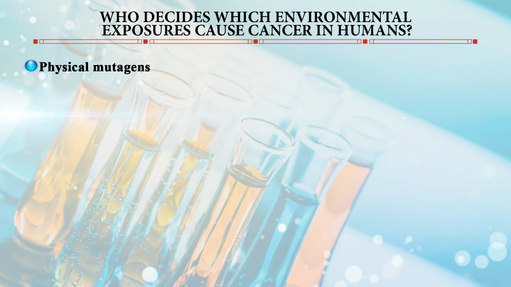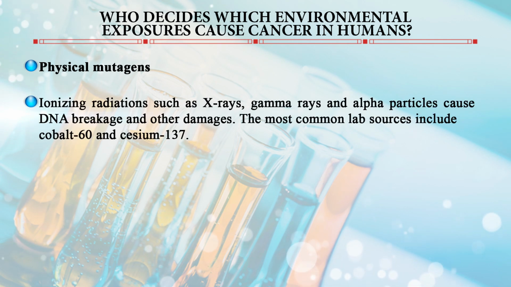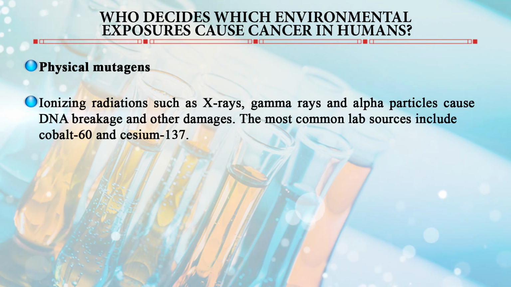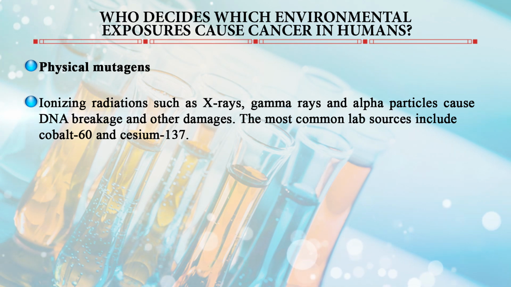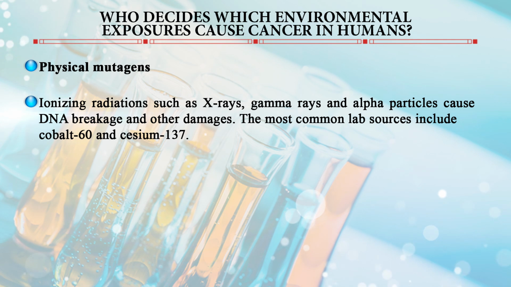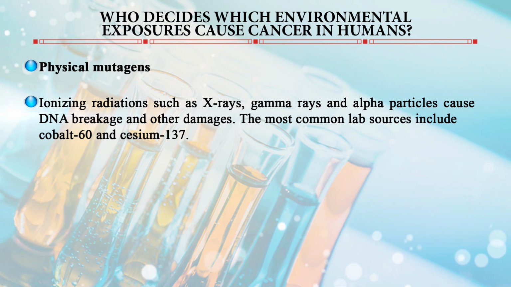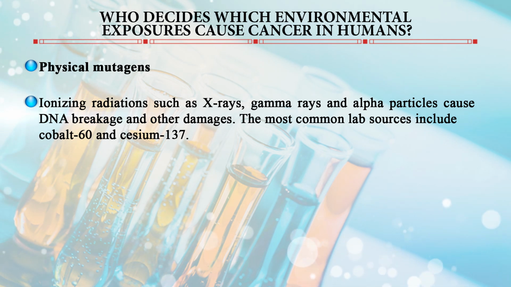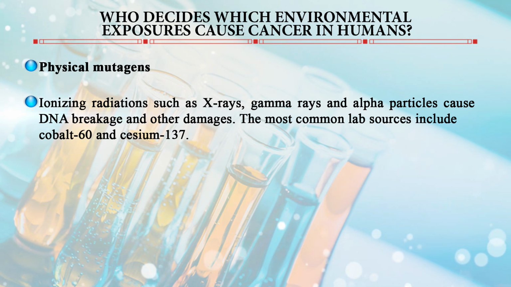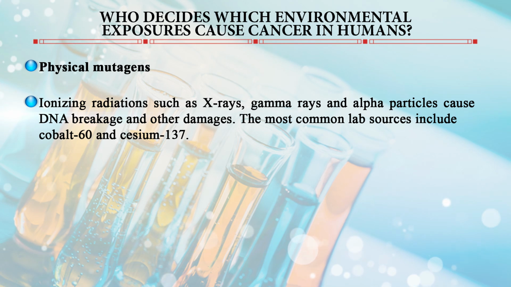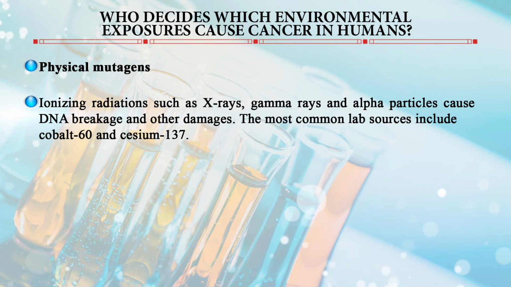If we consider the physical mutagens, these are ionizing radiations like X-rays, gamma rays, and alpha particles that can cause DNA breakage and other damage. The most common lab sources are cobalt 60 and cesium 137. These are the most important physical carcinogens.